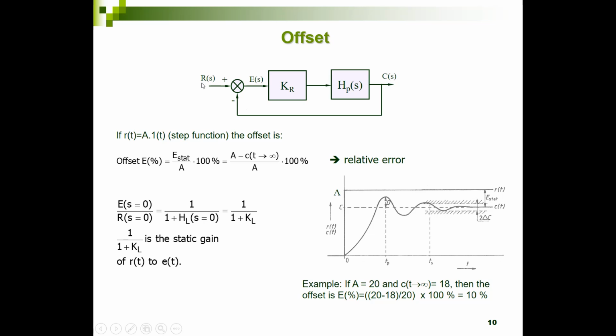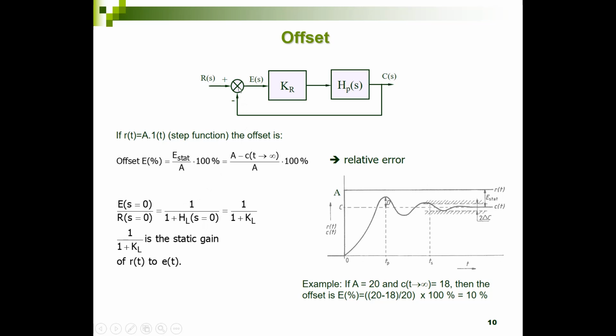So in the straight line from reference to error, the transmission is 1. And in the loop, we see the blocks Kr times HP. So in the denominator, we have 1 plus the open loop. So it's 1 plus Kr times HP, which we also call Kr times HP the loop HL. And that is written over here.